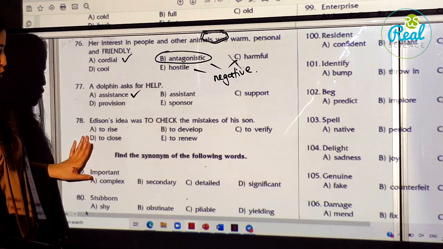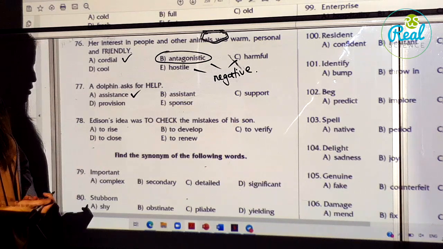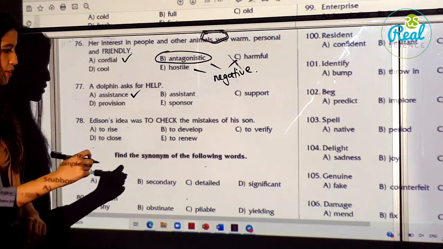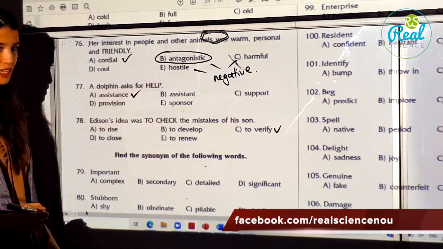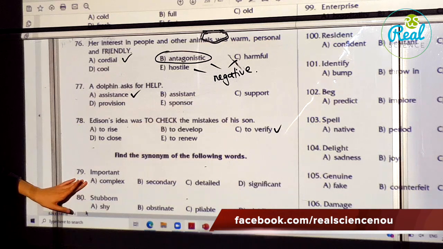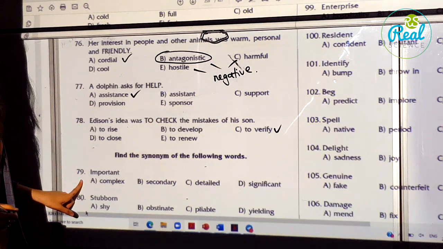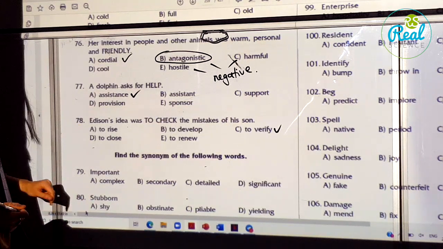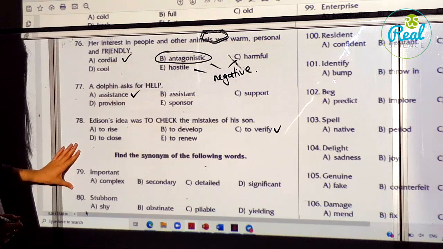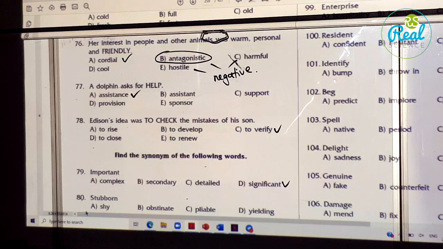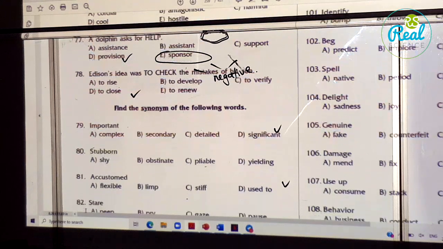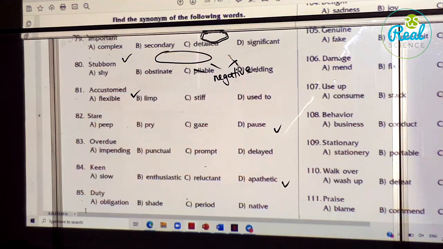Edison's idea was to check the mistakes of his son. Do you all agree we verify? Yes. Okay, great. Significant. Important. Significant. Great. What does stubborn mean?